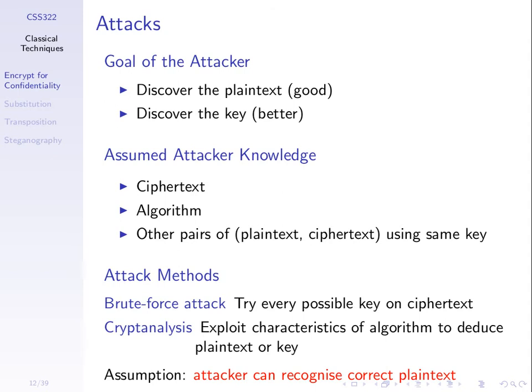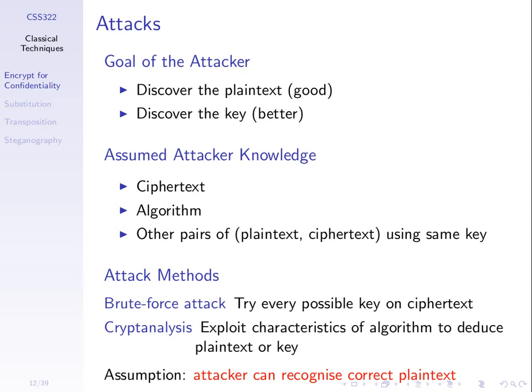Or find the key. Because if you can find the key, you can automatically find the plaintext. And often finding the key is better because in practice what many people do is send many messages encrypted using the same key. So once you know the key, you can easily decrypt future messages. So the attacker finds the plaintext and or key. If they find either one of them, we say the system is defeated.